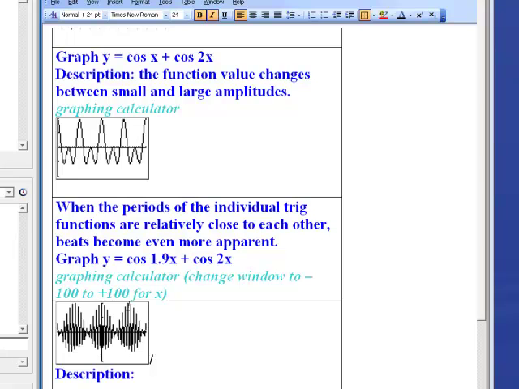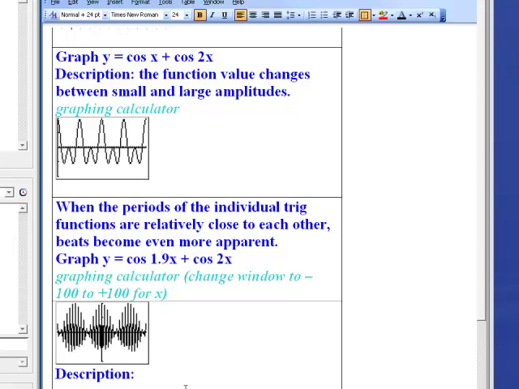And pretty much what we have there is what is called a beat, that we're trying to match up a frequency, for example, of a tuning fork with the frequency or pitch of a tone of an instrument, and that's how an instrument is tuned.